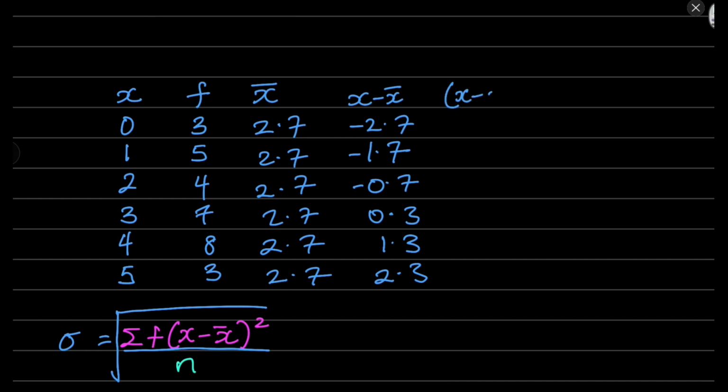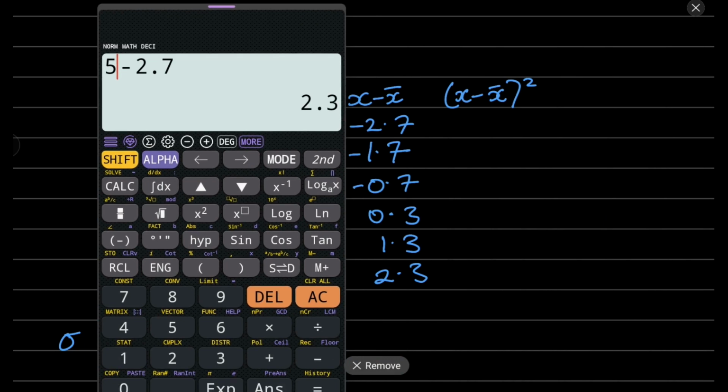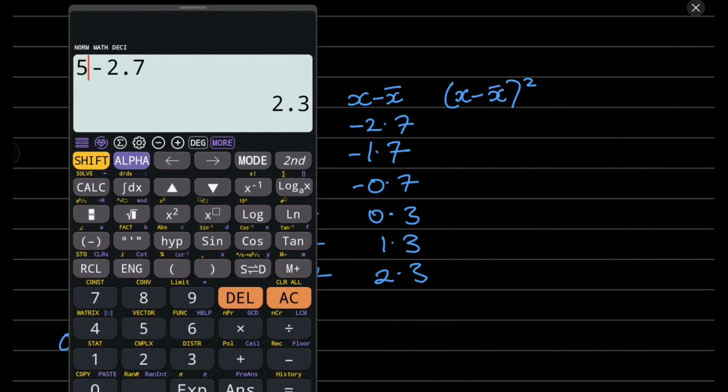After getting your deviations, the next thing is to get your squared deviations, x minus x bar all squared. So you're basically squaring everything you have here. Back to our calculator. To square this, I'll put it in brackets. Here we have 7.29.